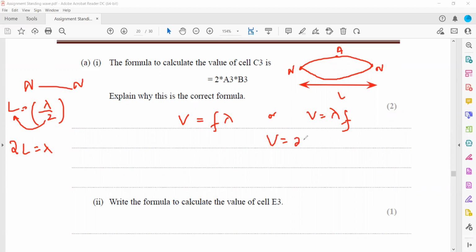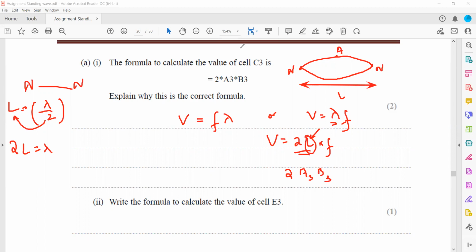So in place of lambda, I can say 2L. So V is equal to 2L multiplied by the frequency, because in place of lambda I substitute 2L. That's why it is valid. So it is 2, and what is L? L is cell A3 and frequency is cell B3.